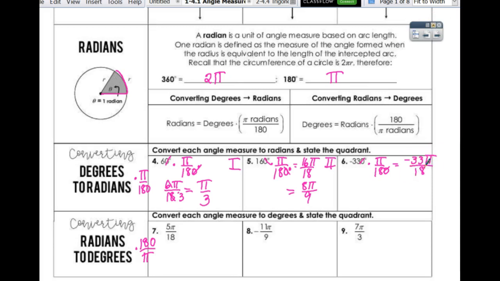So she's answering which quadrant it is in. So minus 330 means it comes all the way around here, so it's in the first quadrant. So now what am I dividing by? So I get negative 11 pi over 6. So this, we do just the opposite. It's 180 times pi.